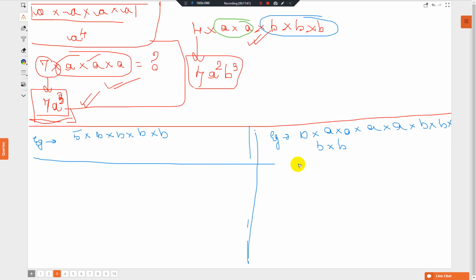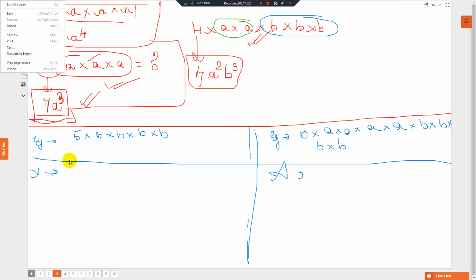Okay, so I have given like this. Do you feel it is hard or difficult? This is easy, like the previous one.